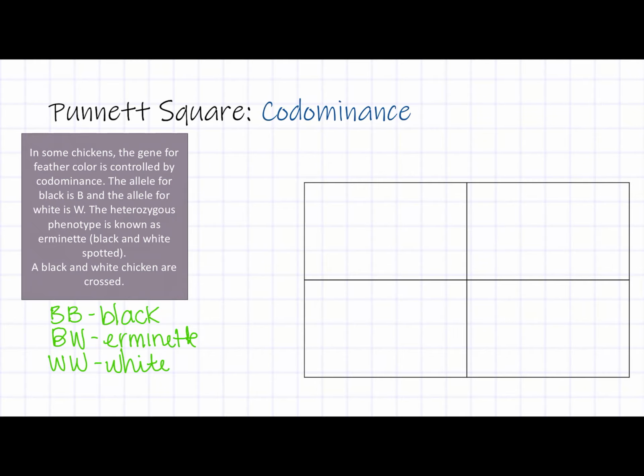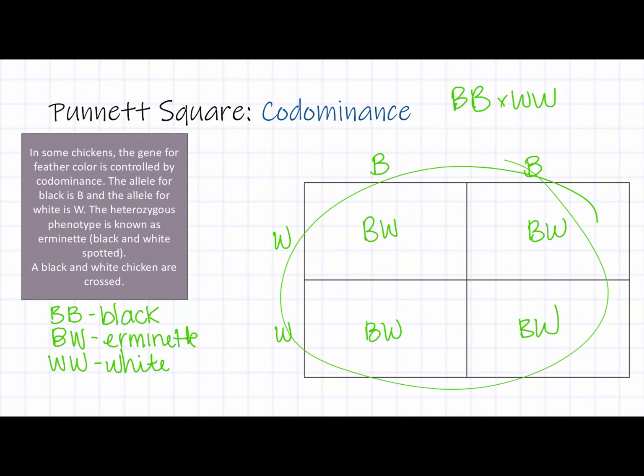So this time we are crossing a black, which is two B's, and a white, which is two W's. So two B's times two W's. So black-white, black-white, black-white, black-white. 100% of our offspring are erminette.